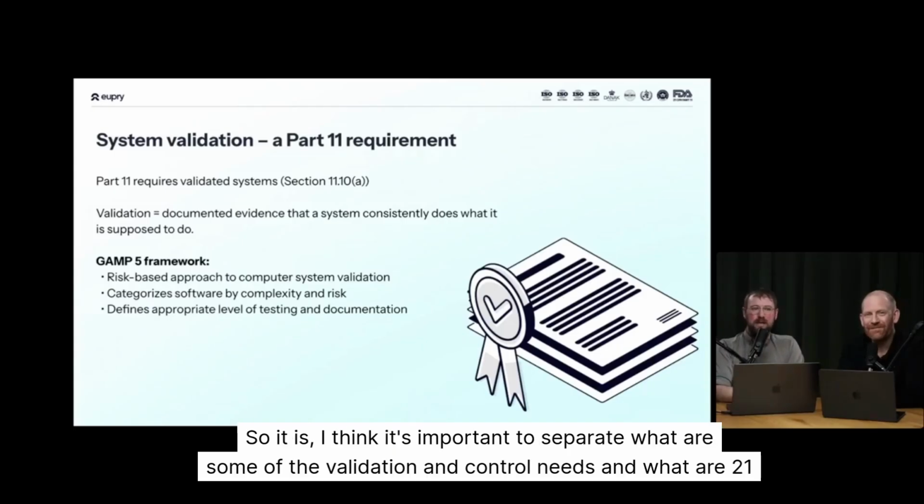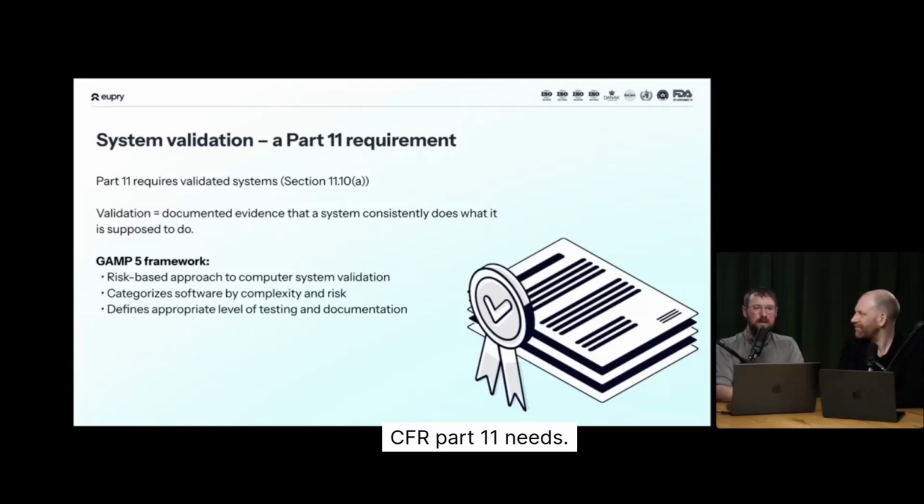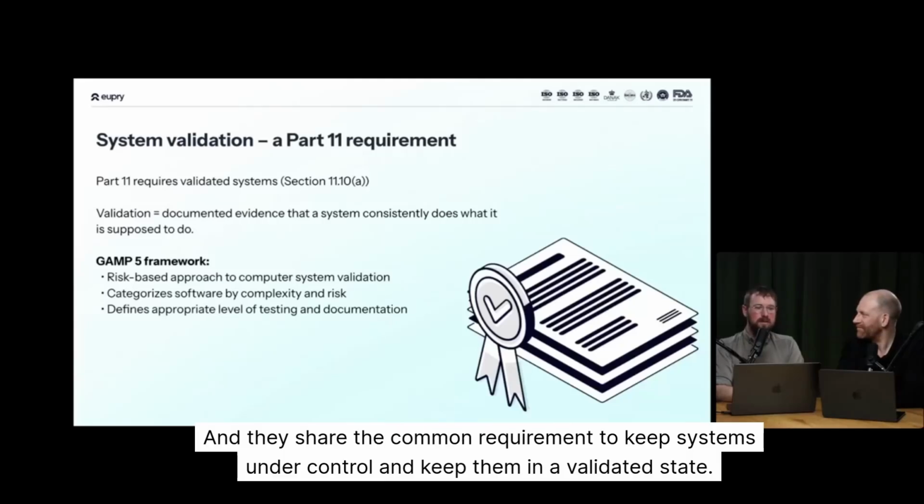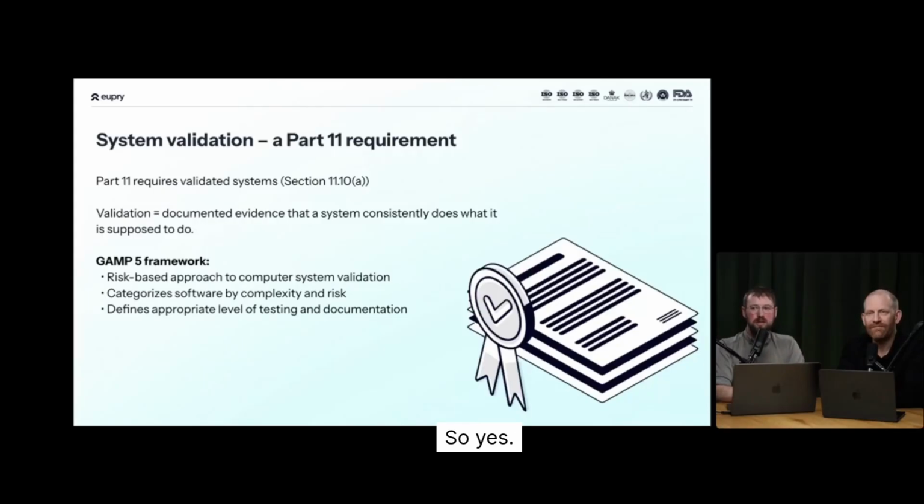I think it's important to separate what are the validation and control needs and what are 21 CFR Part 11 needs. They share the common requirement to keep systems under control and keep them in a validated state.